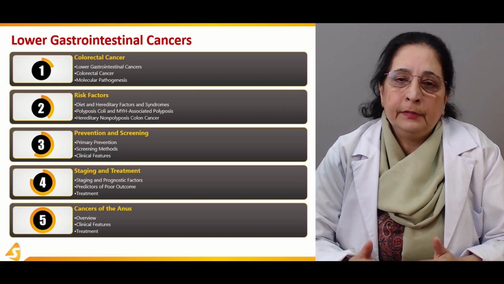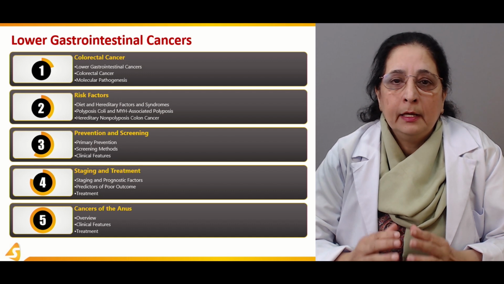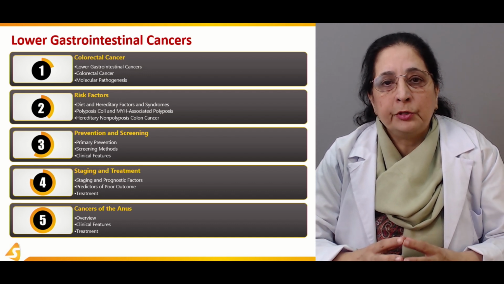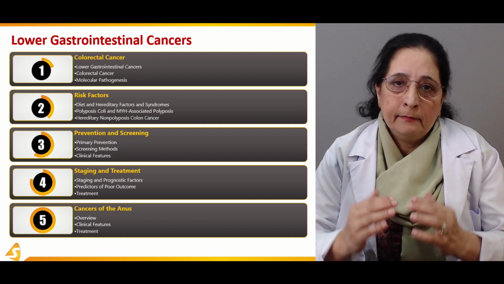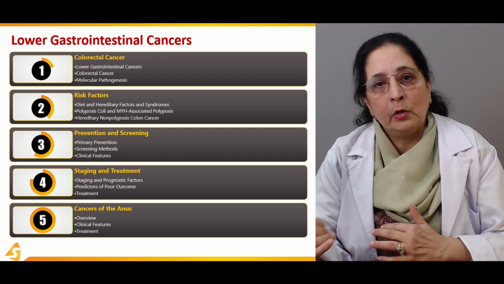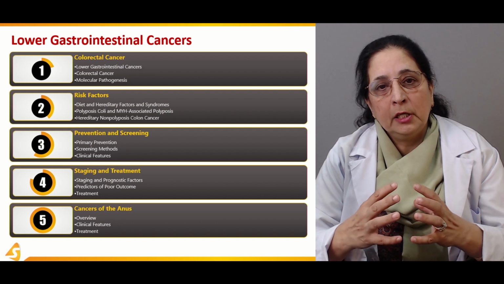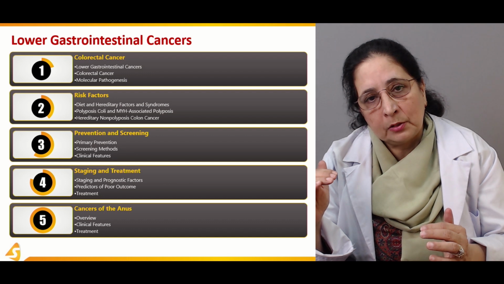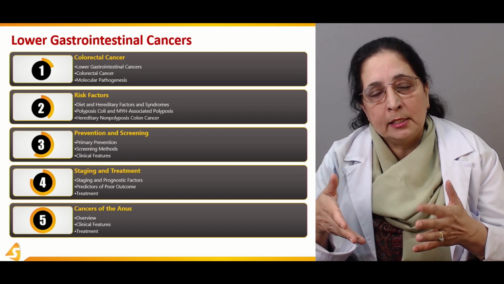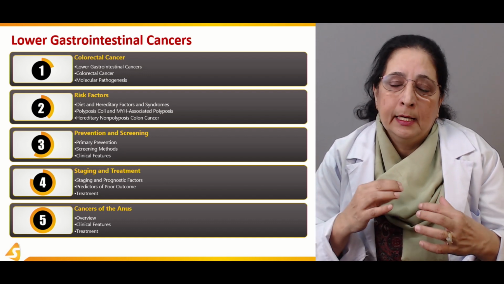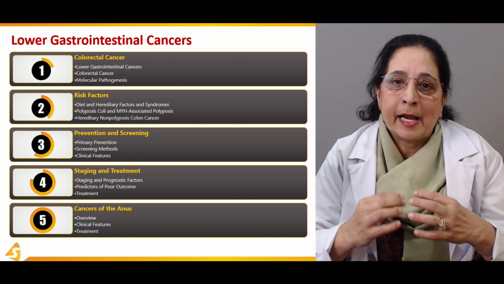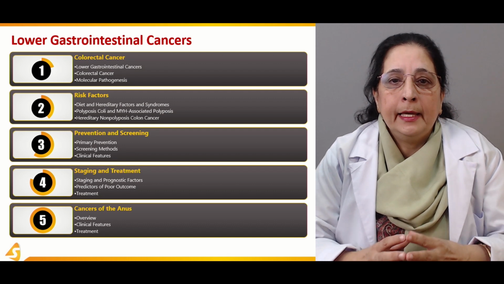Then in the fifth and final section, we will talk about the last part of the lower gastrointestinal tract. We already mentioned colorectal. So colo is for the colon, we have the ascending colon, then the transverse colon, descending going down, and the sigmoid colon, the last part of the colon, and after that there is the rectum and then the anus.